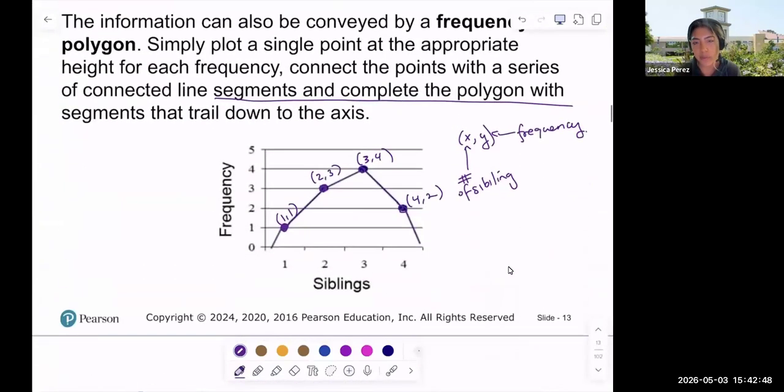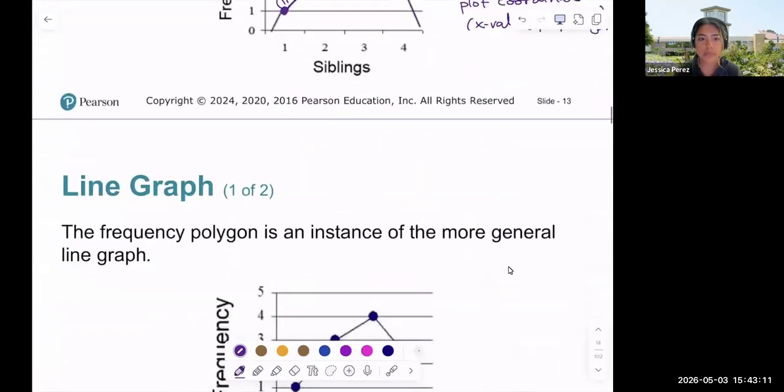You place them as points, as coordinates. So you plot the coordinates, which is the x value or the number of siblings, and then the frequency. And then you create line segments and you form a polygon.